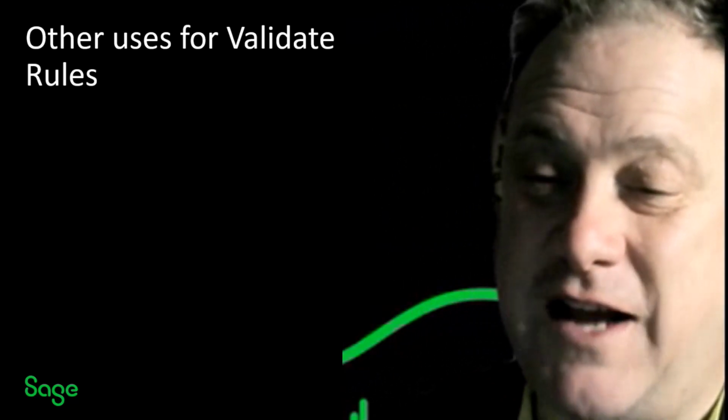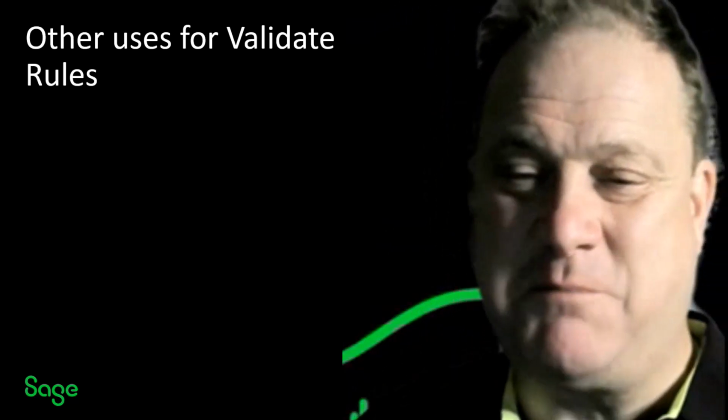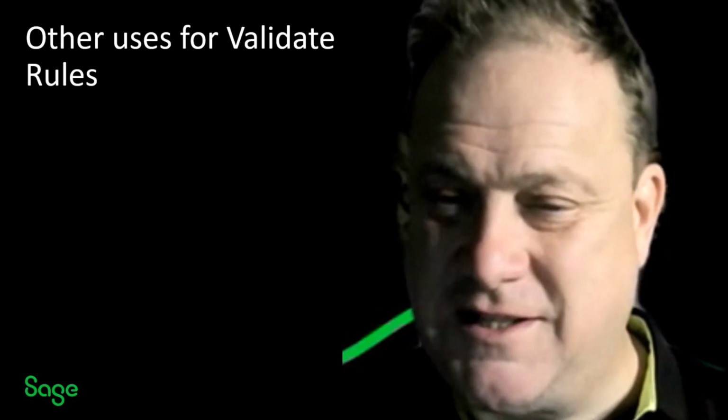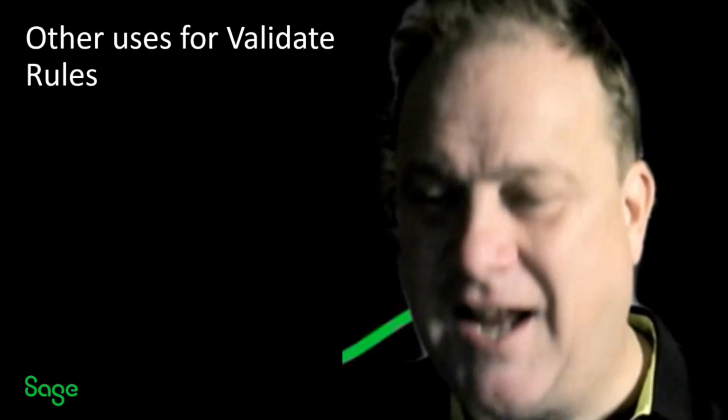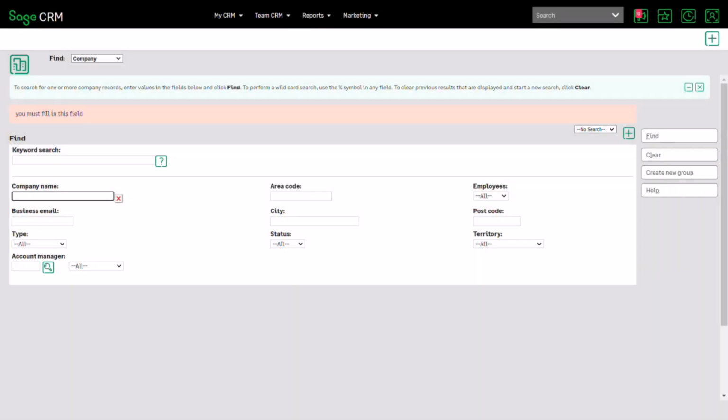But validate rules have a main purpose, that is to protect the integrity of the database by blocking submission of data that breaks a business rule, but they can be used for other purposes. And one such purpose is actually to introduce mandatory behavior in a search screen.